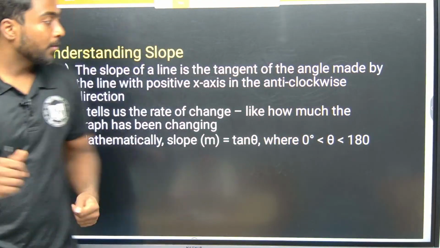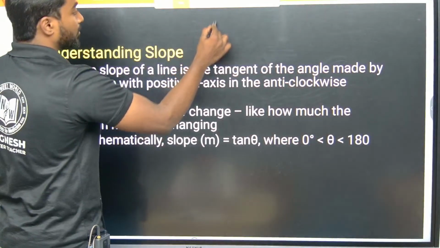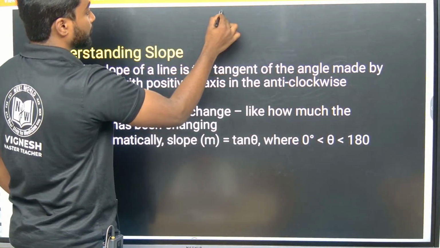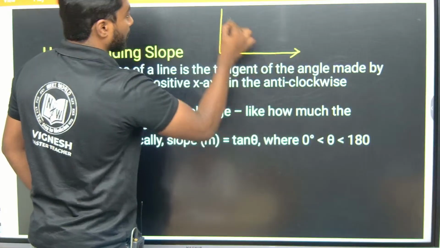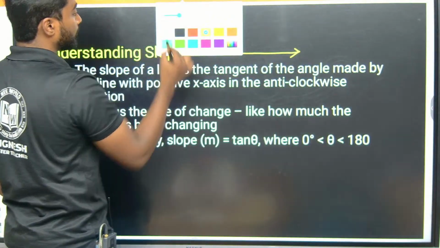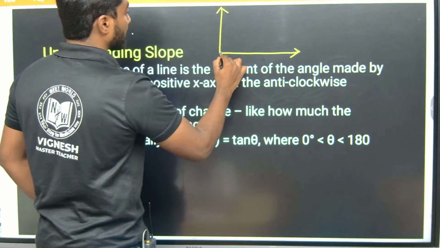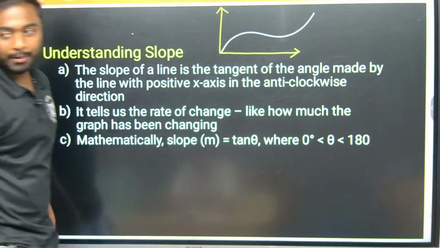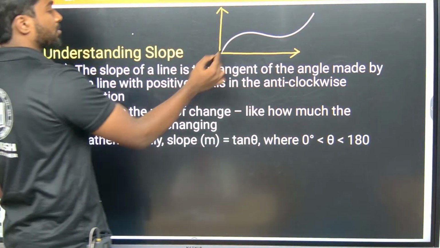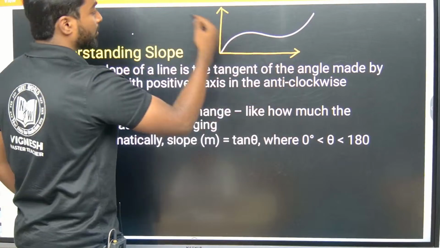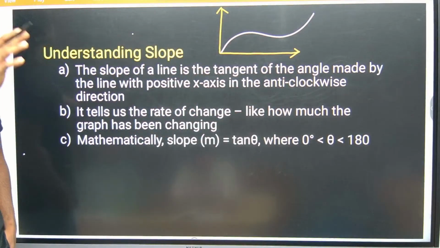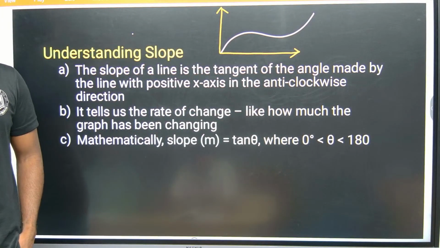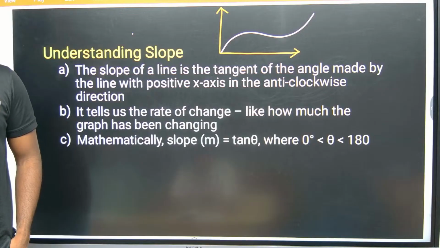Suppose this is my graph, whatever it is, versus time: velocity, acceleration or displacement.